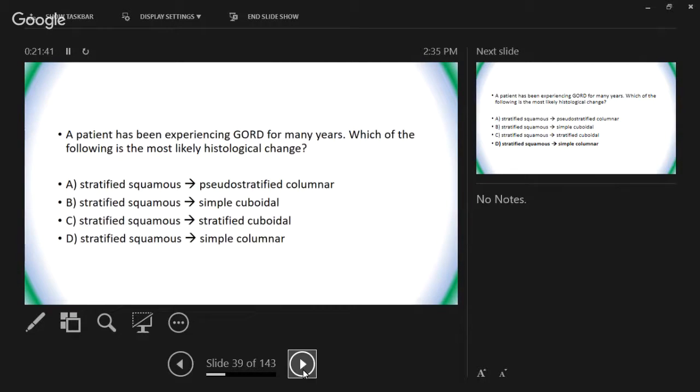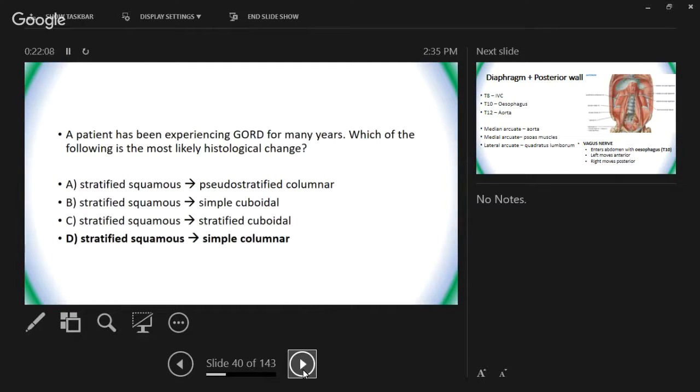Well done. Good stuff. So stratified squamous epithelium is kind of just like skin, but then with acid reflux, it sort of changes to protect itself.